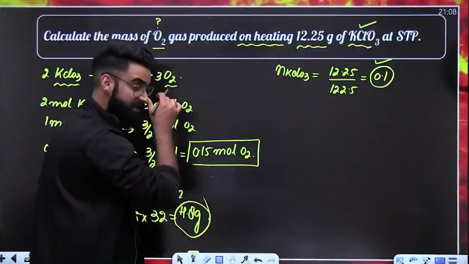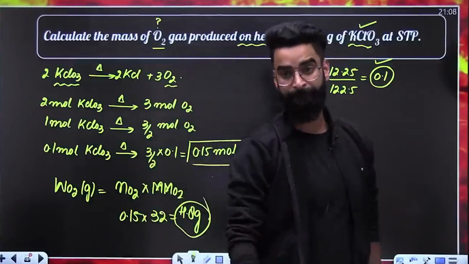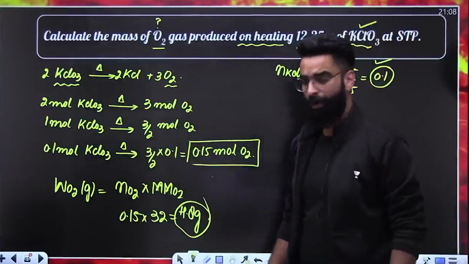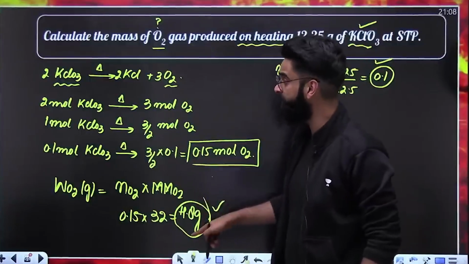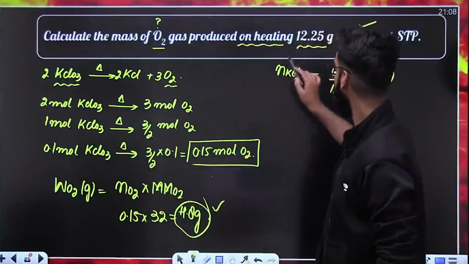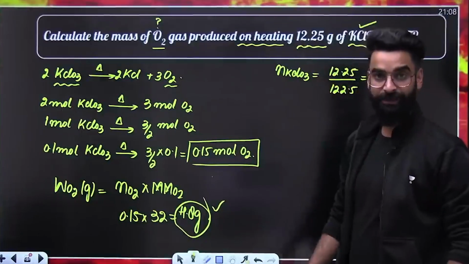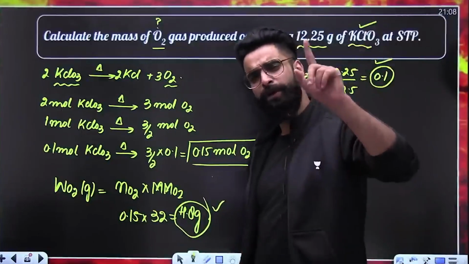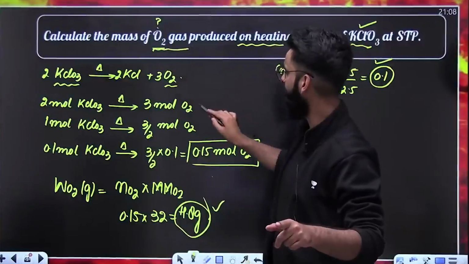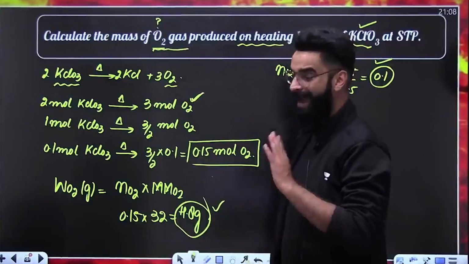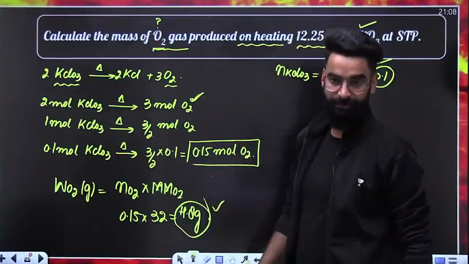What does this 4.8 grams mean? It means 4.8 grams of O2 are being produced upon heating 12.25 grams of KClO3. One statement which I told you long back: the one whose data is to be calculated has to be on the right side of it.